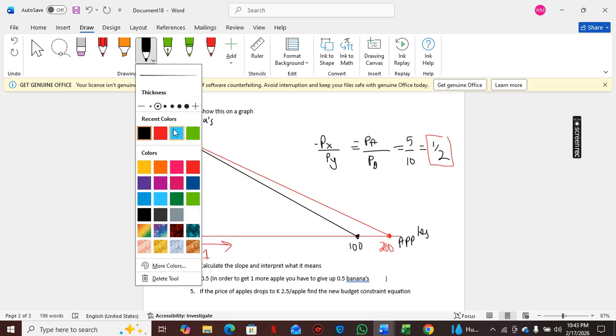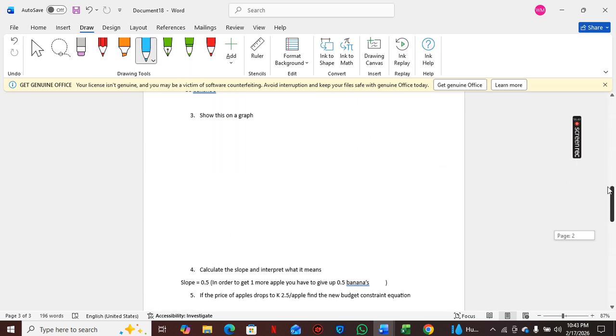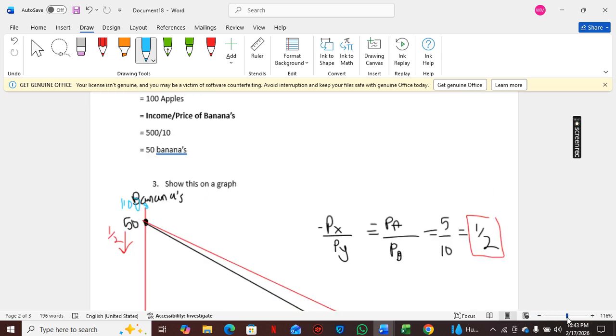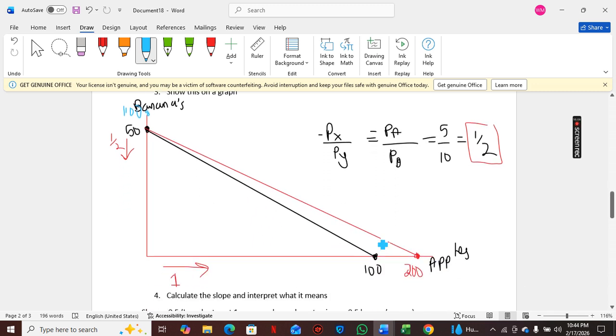So bananas, now we can get 100 bananas. And now we can get 200 apples.